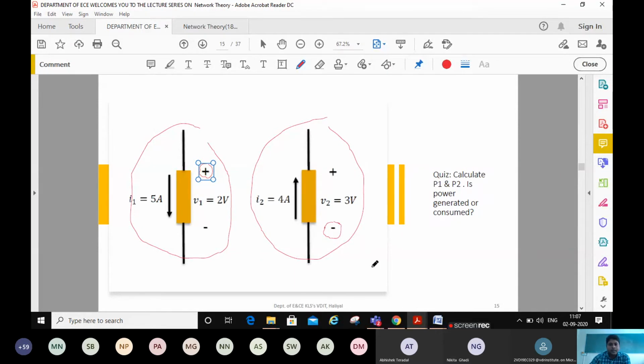So use these hints and come out with the power, whether it is negative or positive.